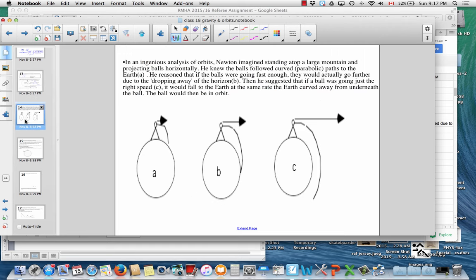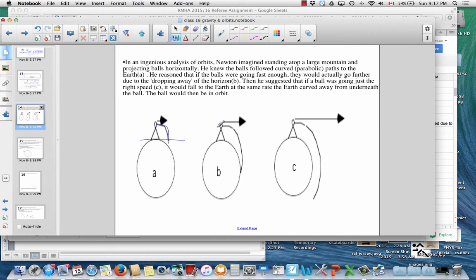And here is Newton's thought experiment that led to that realization. He imagined being on top of a mountain and firing a projectile. Now we know that that projectile will fall to ground, say following a parabolic trajectory, which I've sketched roughly here. But of course, Newton said, all right, well, what happens if we really have a very powerful cannon and we fire it off?